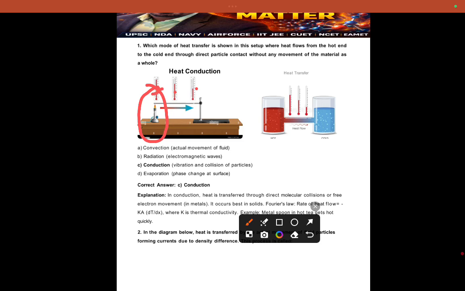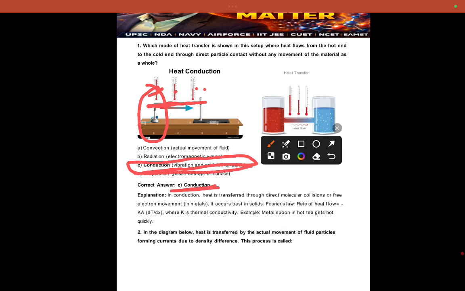This heat is transferred from the flame end to this knob end because of direct contact, and direct contact heat transfer in solids is defined as conduction. In conduction, heat is transferred through direct molecular collision or free electron movement. Free electrons exist at the surface of the metal body.